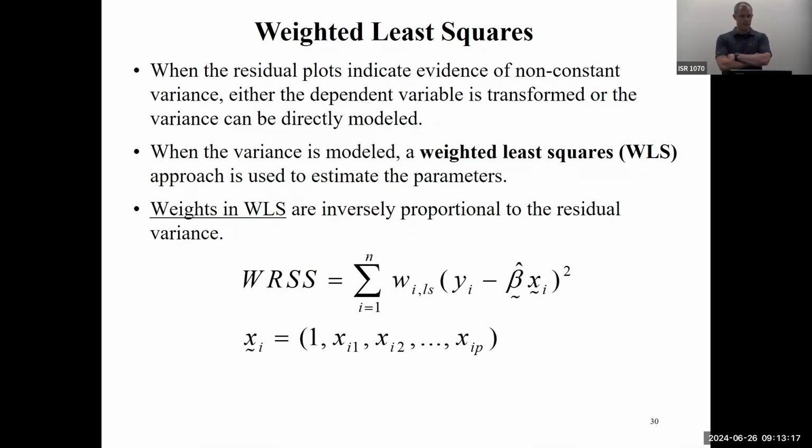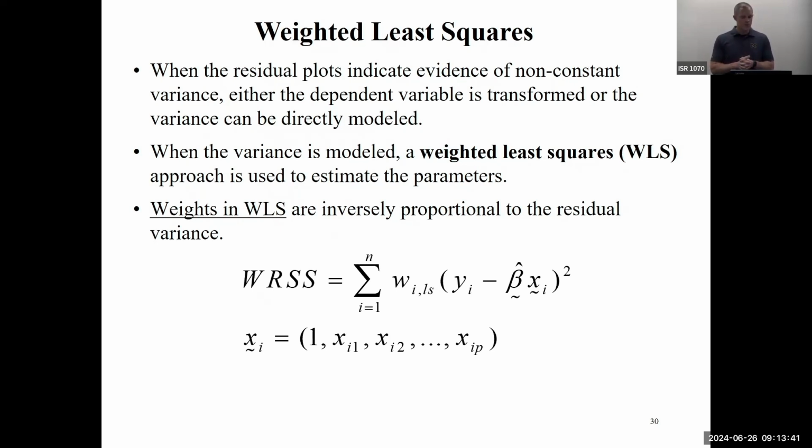So there's different options you could consider. If you're trying to model the variance of the dependent variable via the residuals, you can use what's called weighted least squares, or WLS. So far, we've been talking about ordinary least squares, and weighted least squares traditionally is an approach that's used to accommodate non-constant variance in those error terms.